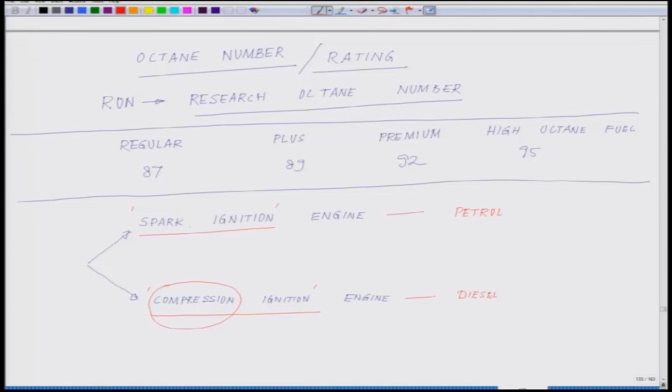Now, regarding compression ignition, diesel is actually not a fuel. It is named after a gentleman called Rudolf Diesel, who is the father of the form of engine which follows compression ignition, and that is why they are called diesel engines, which use diesel.